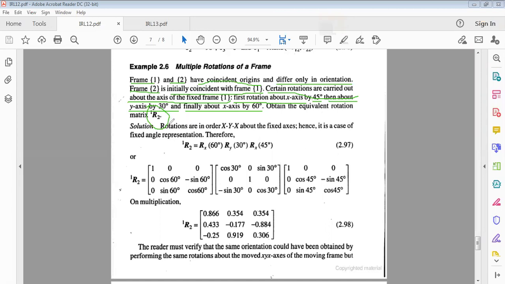As I mentioned in the mathematical relation, we write the equivalent rotation matrix 1R2 as follows.